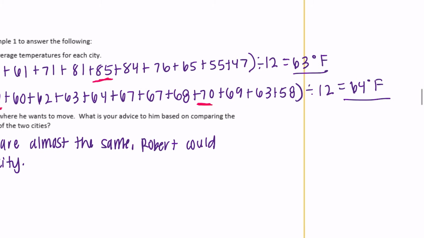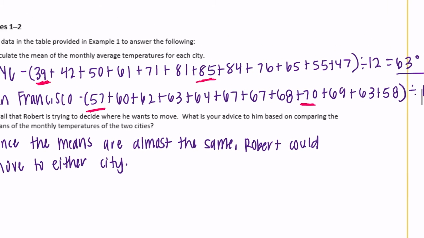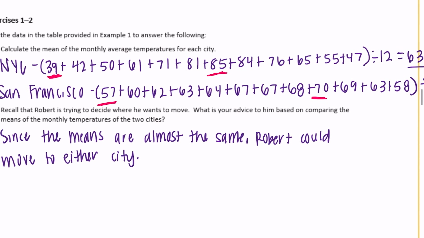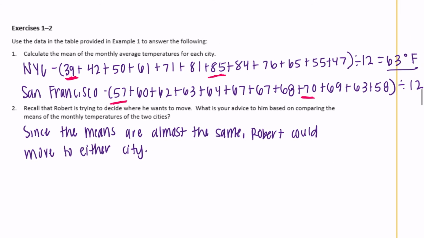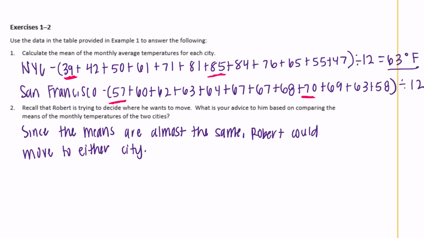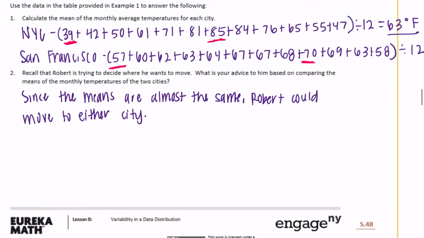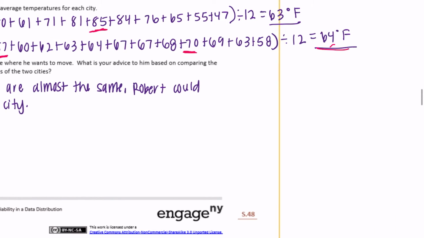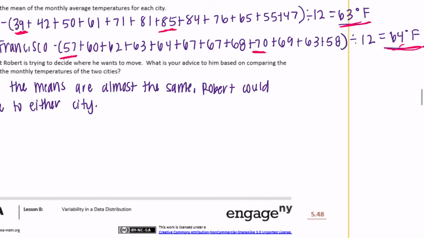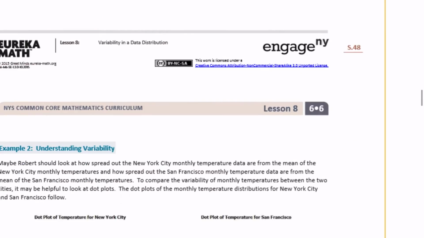So if he really just wants to be around 64 degrees all the time, San Francisco is a good choice. If he wants more of a place with seasons, where in the winter it's really cold and in the summer it's pretty hot, then New York City would be a good choice. But that's something we can't tell just by looking at these two numbers right here. So you could expand on that if you wanted to.